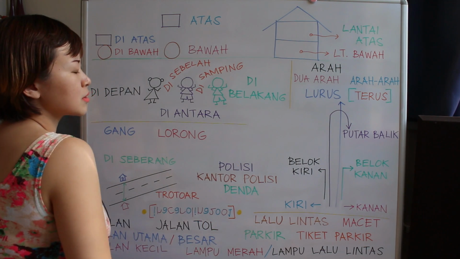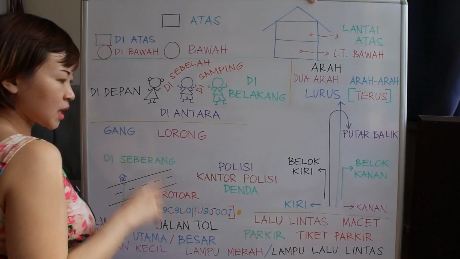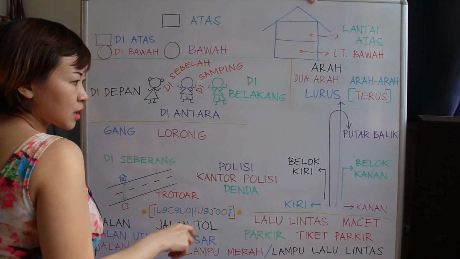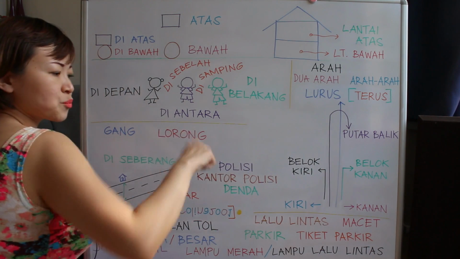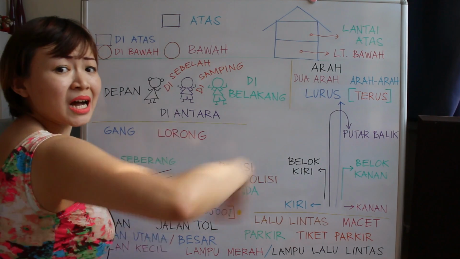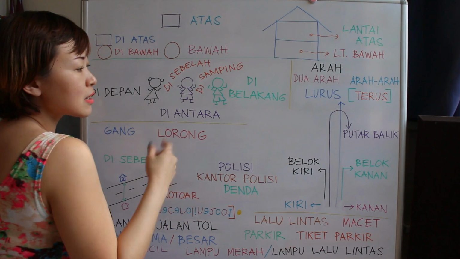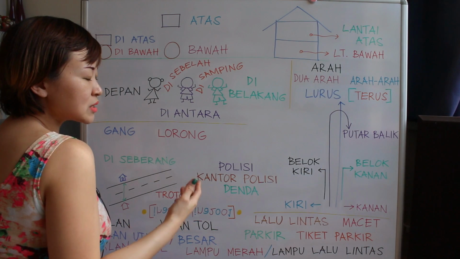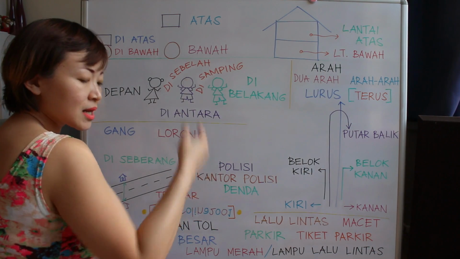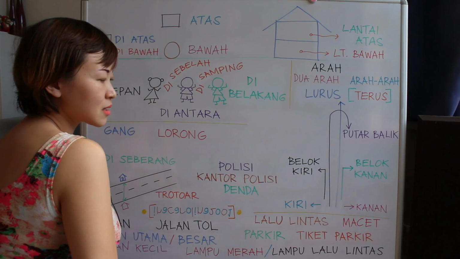U-turn, putar balik. Two words. We have space. Putar is spin. Balik is reverse. So when we have to say U-turn in Bahasa Indonesia, you say it with spin, reverse. Putar balik.